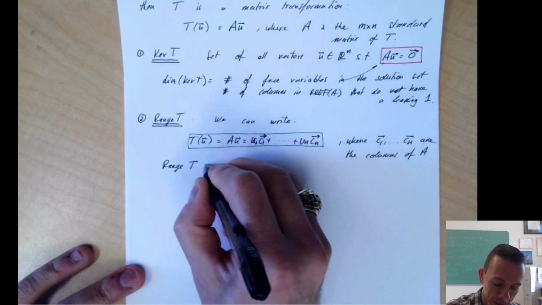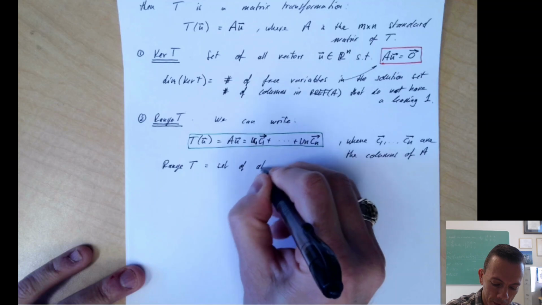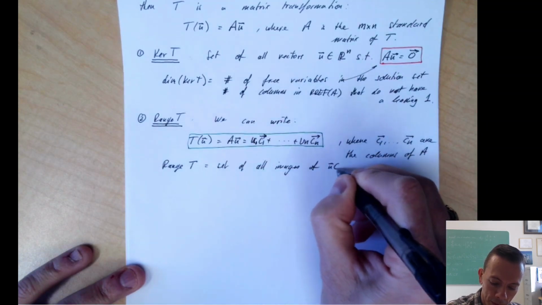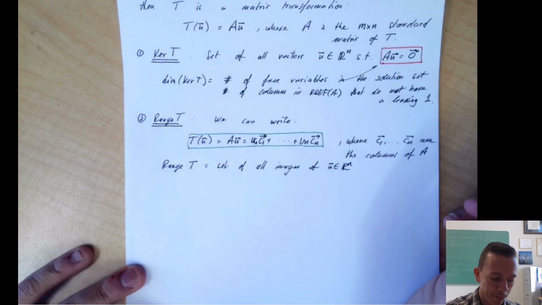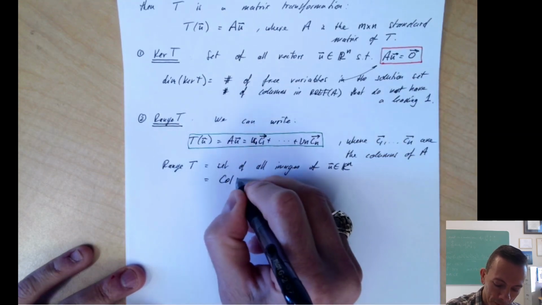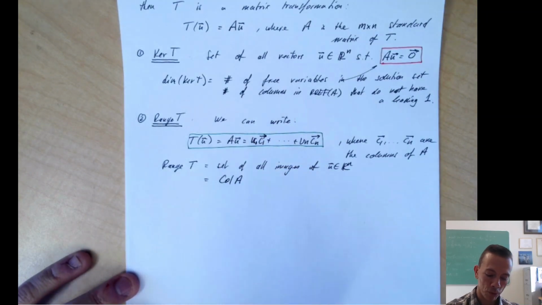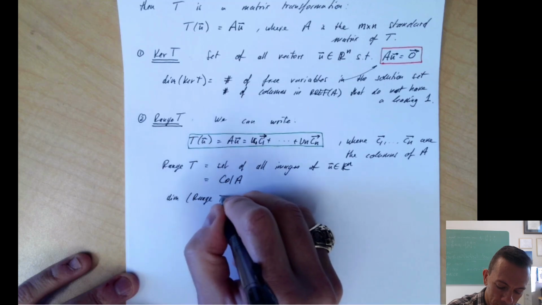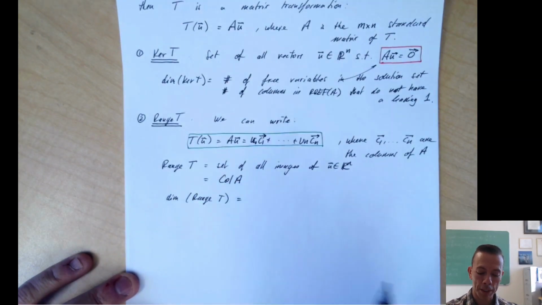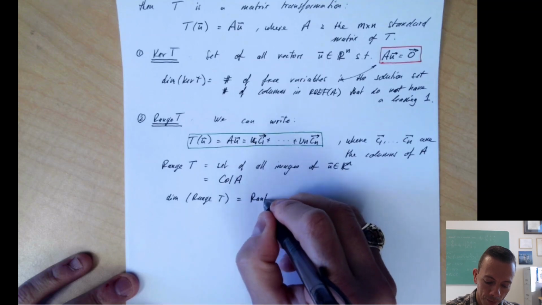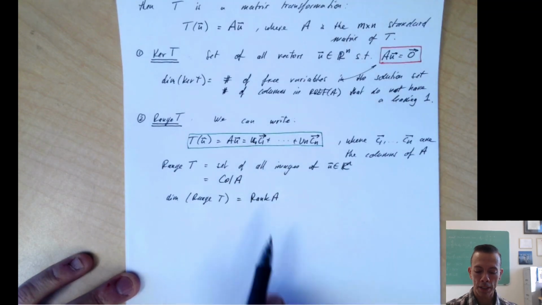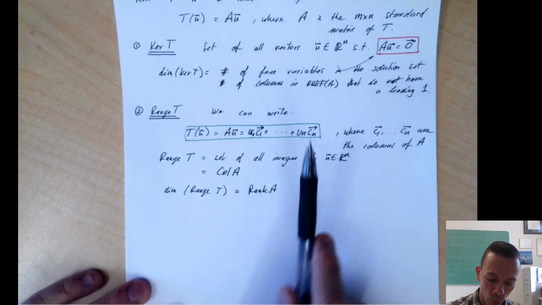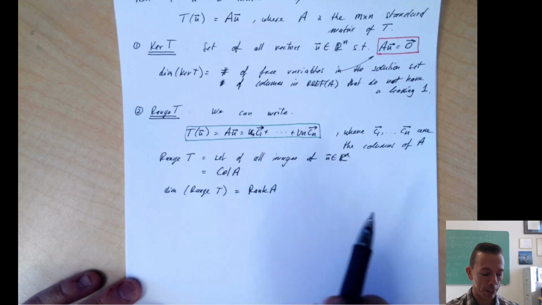So the range of T is the set of all images of the vectors in the domain, which is the column space of A. Therefore, the dimension of the range is the dimension of the column space of A, which is the rank of A. So you see that the dimension of the range being the rank is what explains why the word rank is used for the case of a general linear transformation.